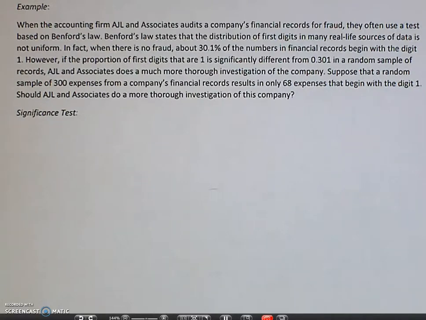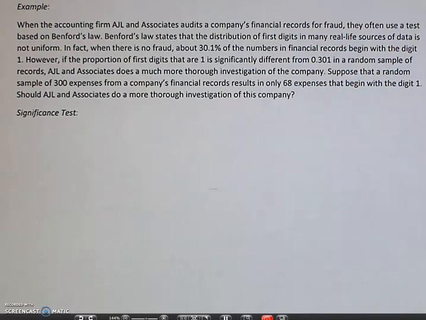However, if the proportion of first digits that are 1 is significantly different from 0.301 in a random sample, the Associates does a much more thorough investigation of the company. Suppose that a random sample of 300 expenses from a company's financial records results in only 68 expenses that begin with the digit 1. Should they do a more thorough investigation of this company?